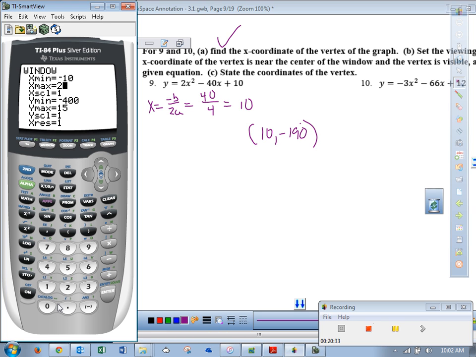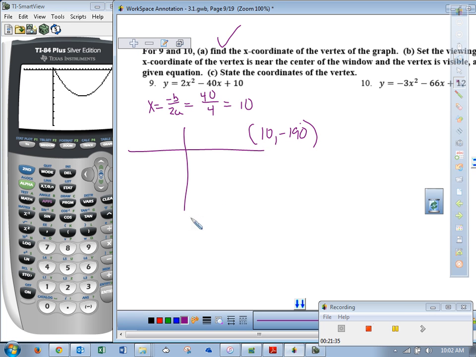Cool. I got to change my scale. Y max, I'll just go to 10 again. And my scale, I'll go by 10. Let's go by 50s. And let's graph it and see how it looks. Pretty close. Pretty decent. Sketch it, because they're asking you for the window.